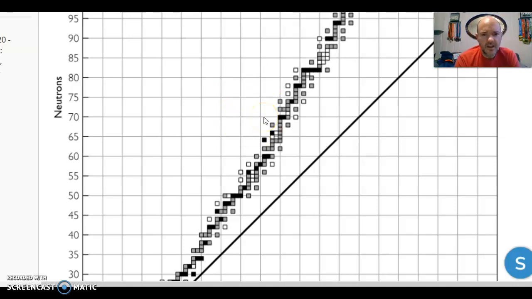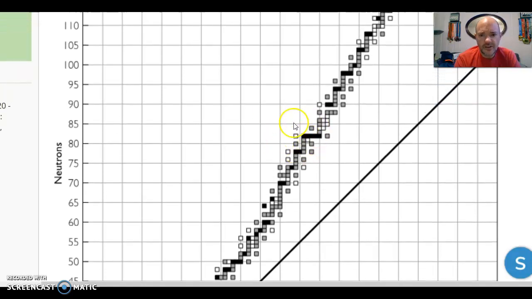When you're looking at this graph, you're going to look at all of these little squares that represent an atom of each element. You might notice that this element right here has 1, 2, 3, 4, 5, 6, 7 isotopes listed on the graph.